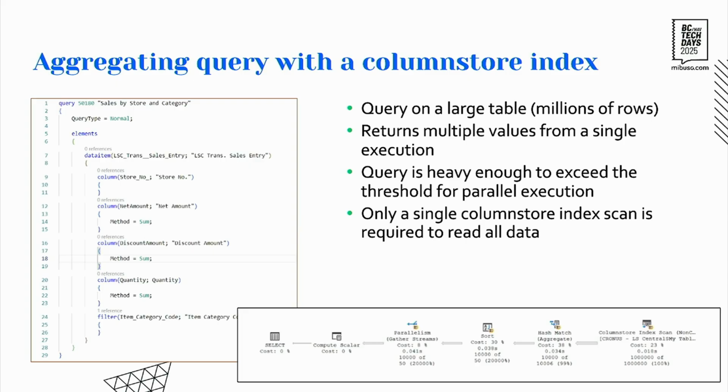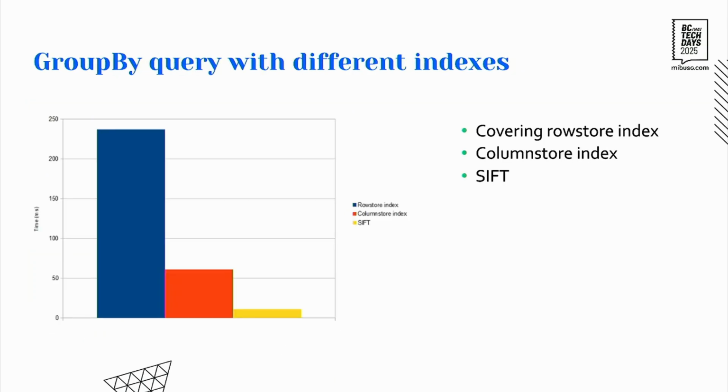So as long as we have these requirements matched, a large table, an expensive query, group by, and it retrieves all necessary data in a single column store index scan, it will be really efficient. It will be this efficient, actually.